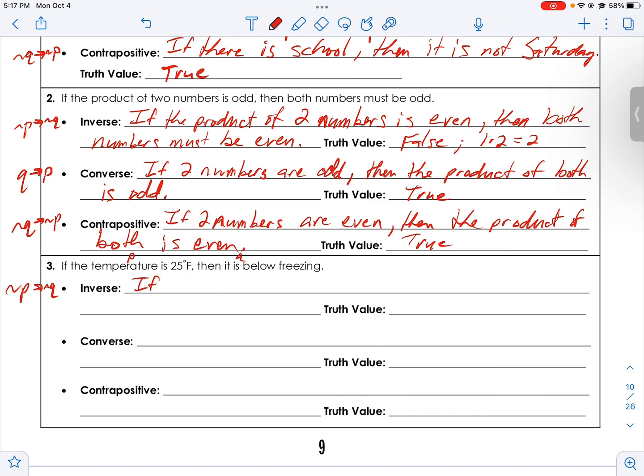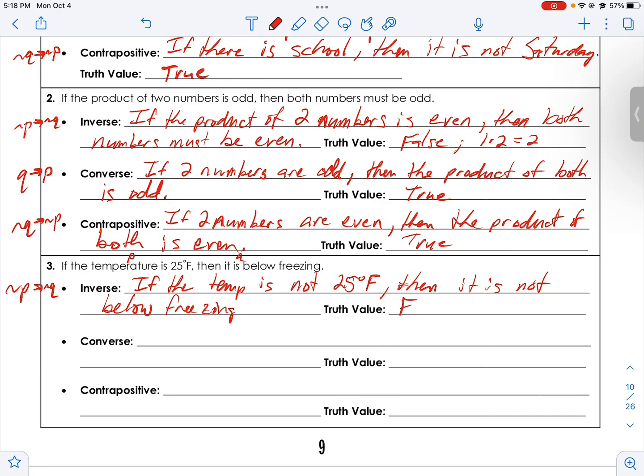So if the temperature is not 25 degrees Fahrenheit, then it is not below freezing.